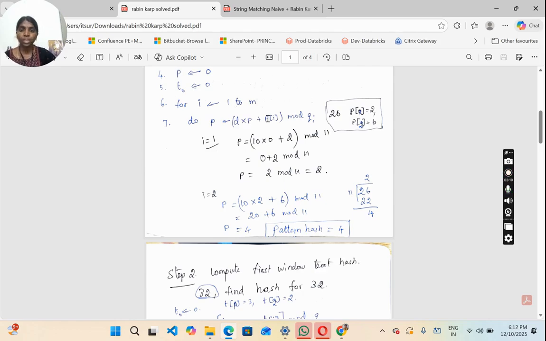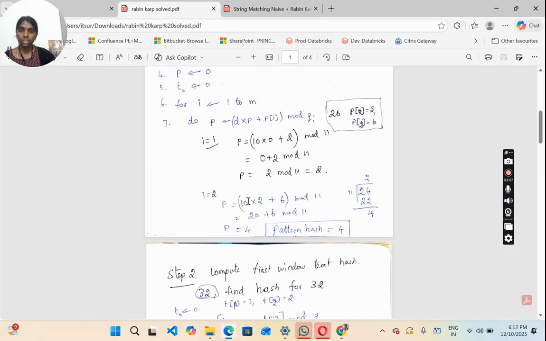Pattern of i goes from 1 to 2, since our pattern is length 2, so we do 2 iterations. In 26, i equal to 1 is 2, i equal to 2 is 6. First we take 2: initially p is 0 and d is 10, so 10 into 0 is 0, plus 2, mod 11. 2 mod 11 is 2 only, because we can't divide 2 by 11. The quotient will be 0 and the remainder will be 2.